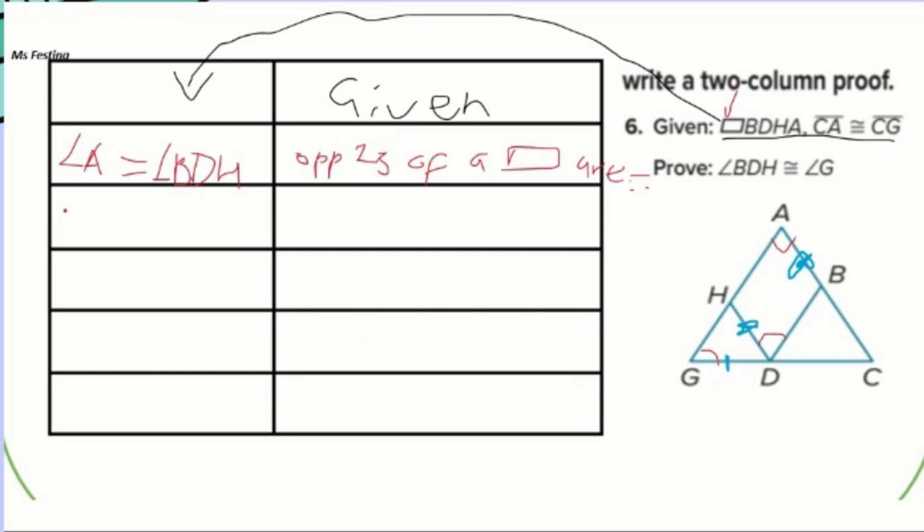So let me write that. So we're going to write line CG is equal to line AG. Why? Given, again.